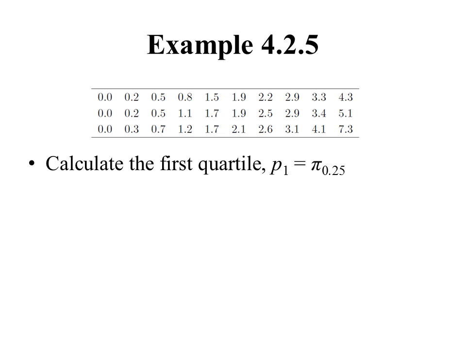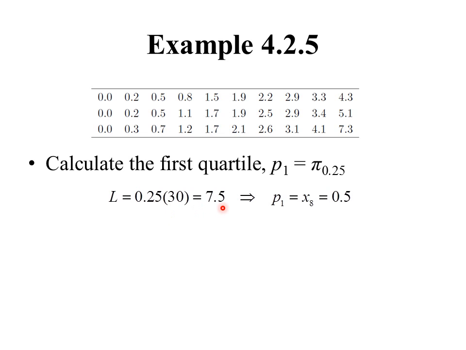So let's illustrate this with an example. Here's our data. Notice that they're arranged in increasing order. So here's x1, x2, x3, x4, x5, x6. This would be x30. And let's calculate the first quartile, denoted p1, or also π sub 0.25. The first thing we calculate is L, which is equal to n times p.